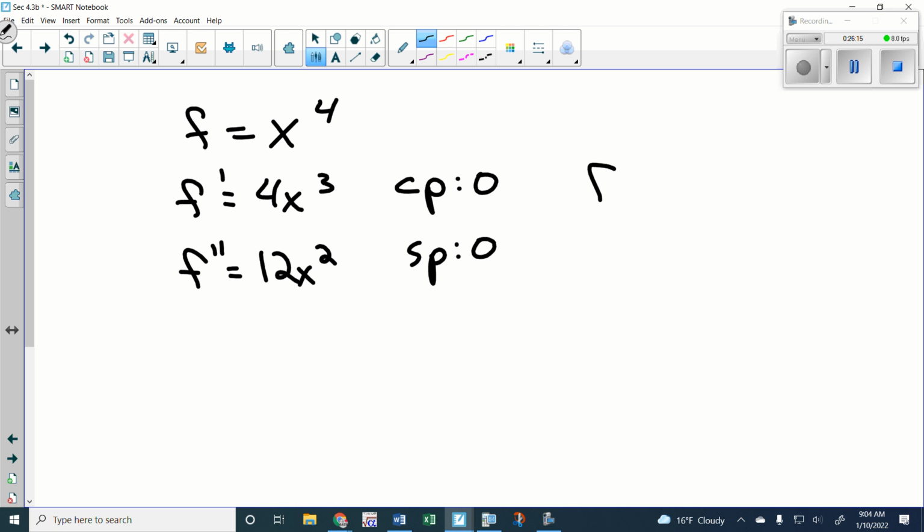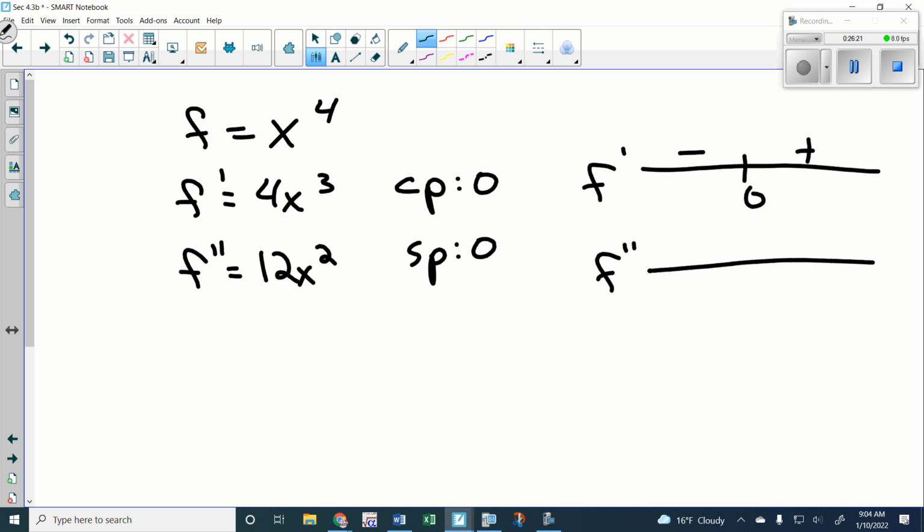But if I did sign analysis, the first derivative is minus plus. Here, the second derivative would be plus plus. There's no sign change here. So is 0 an inflection point? No, there's no sign change.